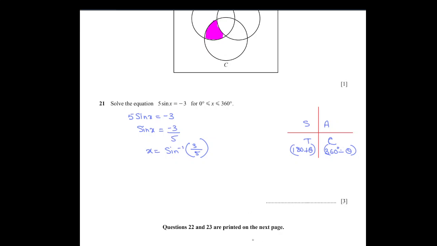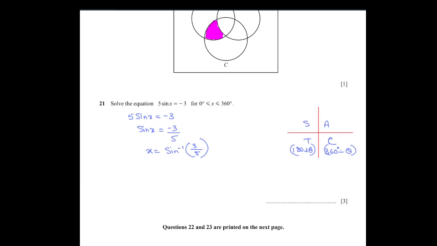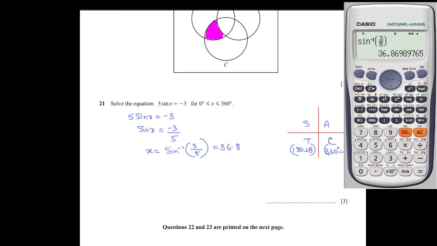To use the calculator for the value of the angle, sine inverse 3 by 5, 36.86, that is 36.8. Let me see the other decimal, 869. So let me take 87.